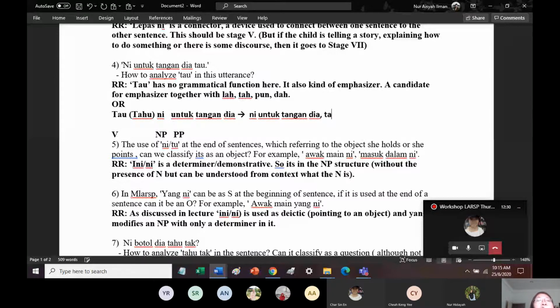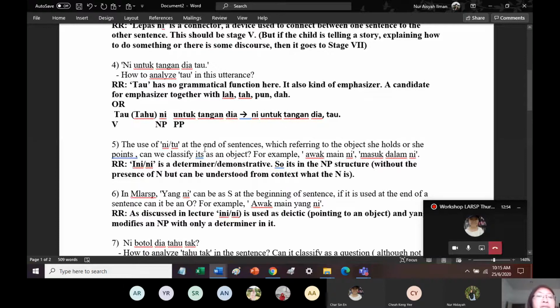Okay, dah selected lah. "Ni untuk tangan dia tau." Tahu ni siapa? You lah. You tahu tak? You tahu ini untuk tangan dia. So actually this is almost like a command.